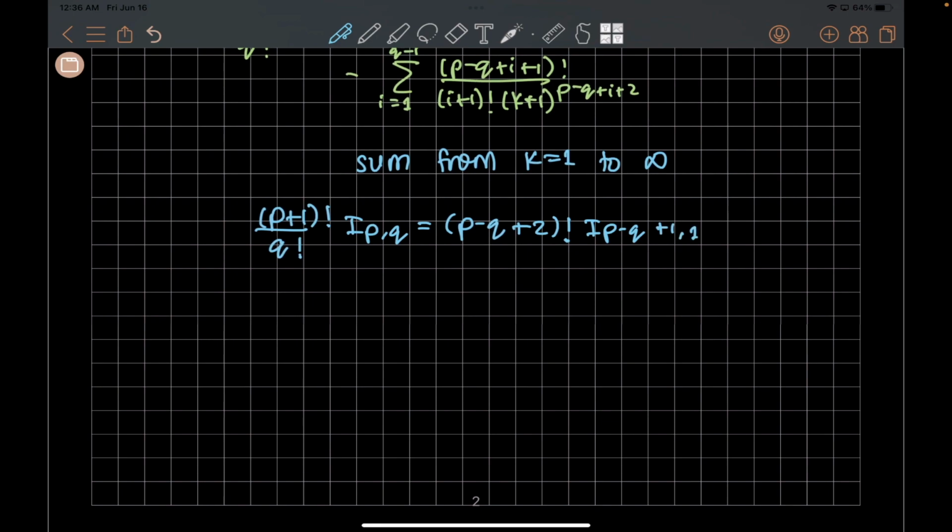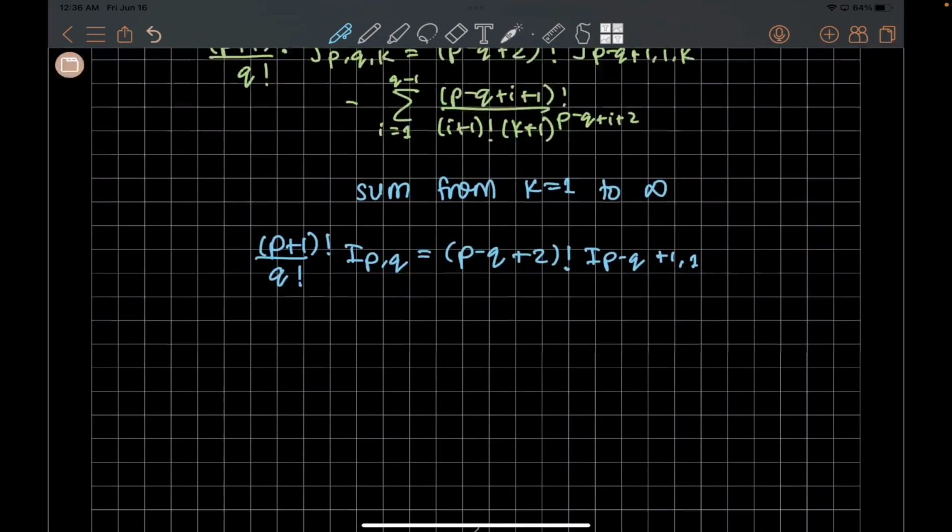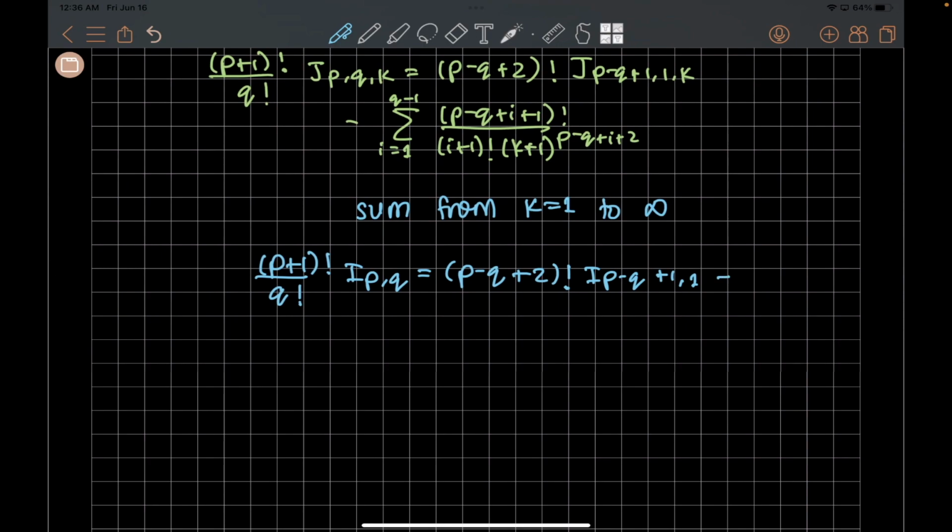So all that happened here was the J's changed to I's, because that's how we defined everything in the first place. Minus, there's going to be two sums, one from k equals 1 to infinity and the one from i equals 1 to q minus 1 of this term that I will not bother dictating.